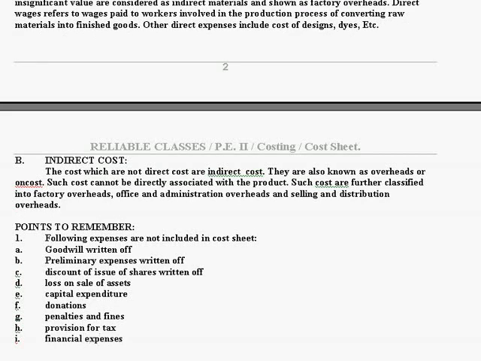Financial expenses such as interest, RDD, but then write a note: bad debt is taken as a selling and distribution overheads.